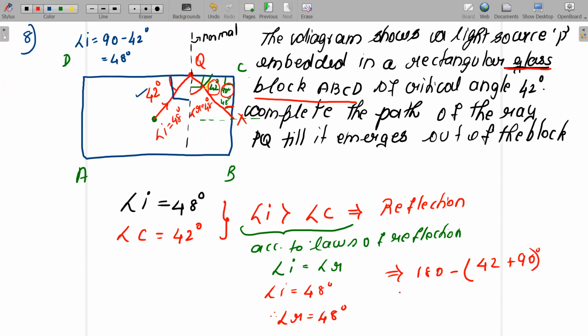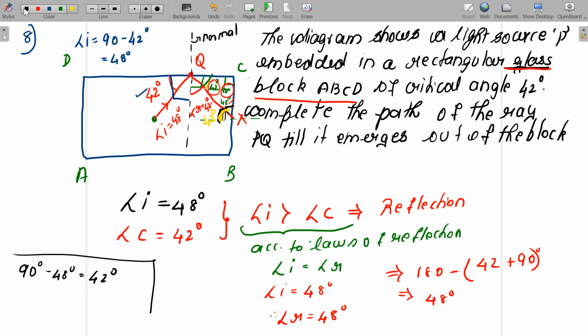How much you guys will get? 48 degrees. So how I got 48 degree? Understood, everyone? Now after that, what is the angle here? We know that this total will be 90 degree, right? So 90 degree minus 48 degree, you guys will get 42 degrees. So this particular angle will be 42 degree.